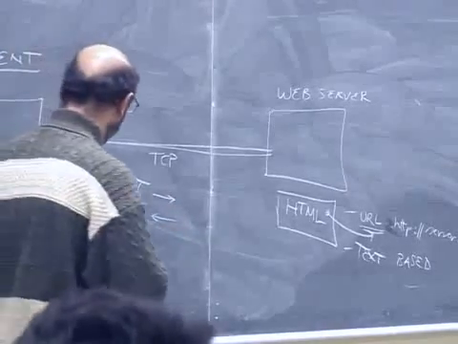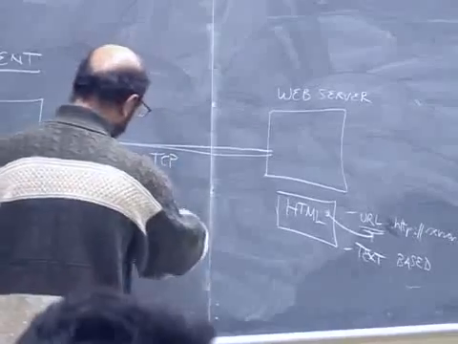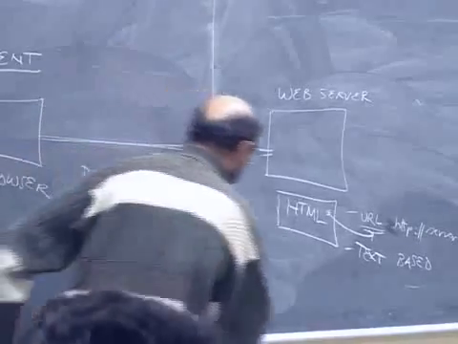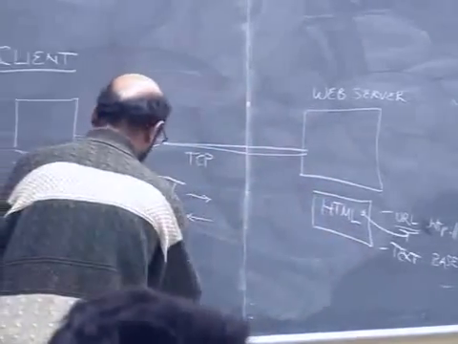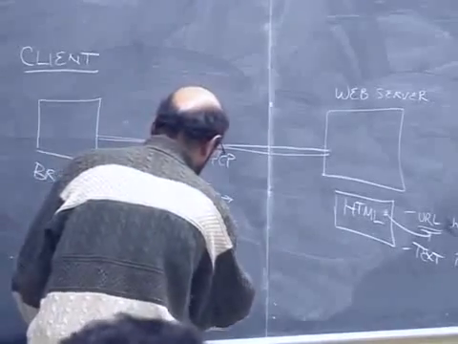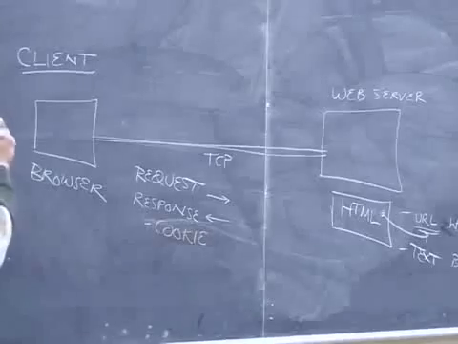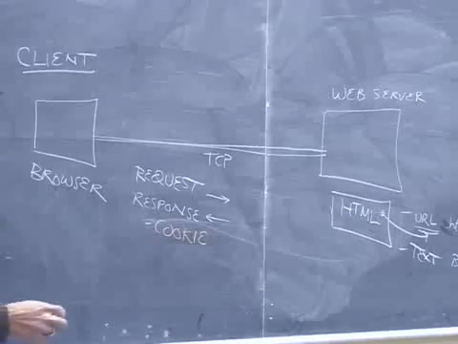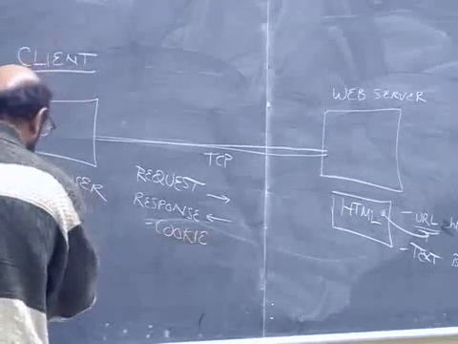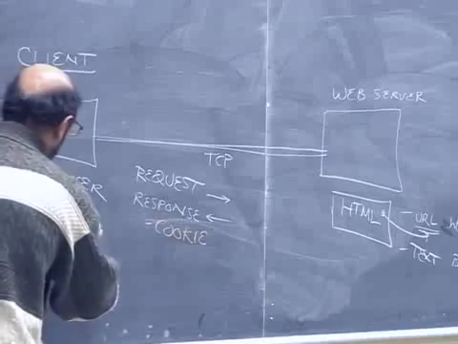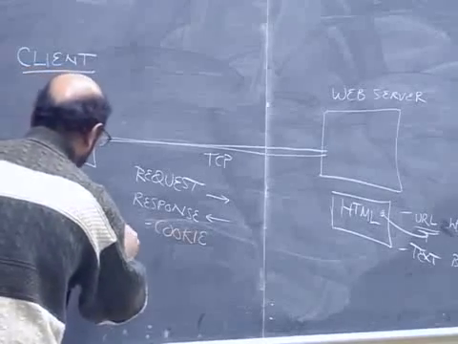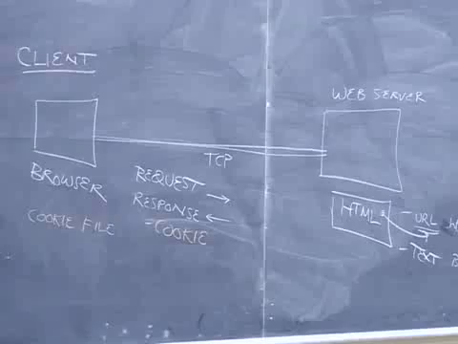And so the way it's done is like this. When the response comes back, part of it is something called a cookie, which is just a long number, just a string or a number. And what the browser does is it keeps it in a cookie file. Stores it, right?